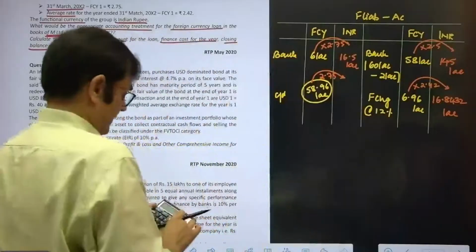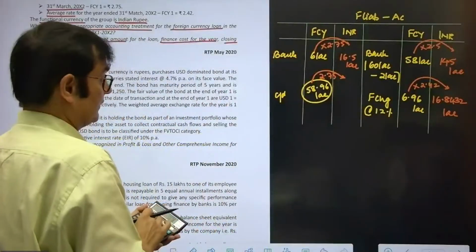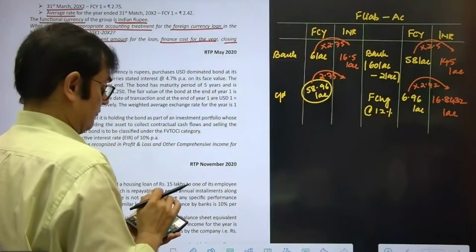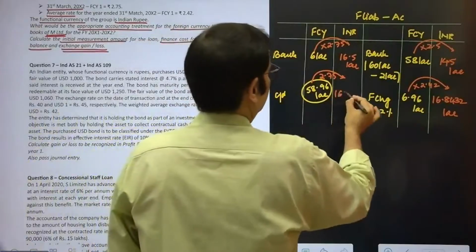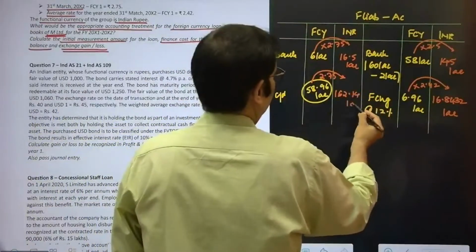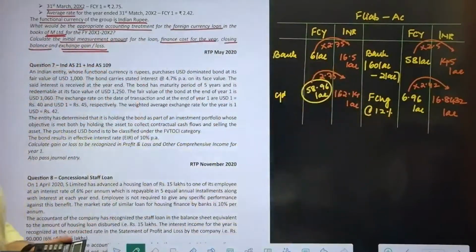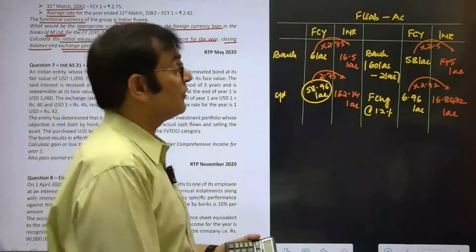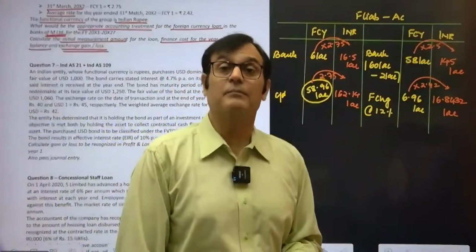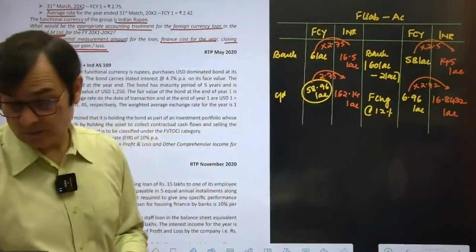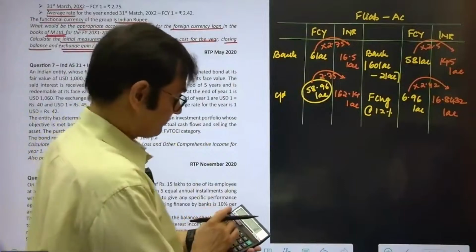Yes, sir. Great. And this is 58.96 into 2.75, 162.14 lakhs. Great. Now let's see what is the balancing figure in this ledger. That balancing figure in the ledger is going to represent the foreign exchange gain or loss arising because of Ind AS 21. So let's see what is the balancing figure.